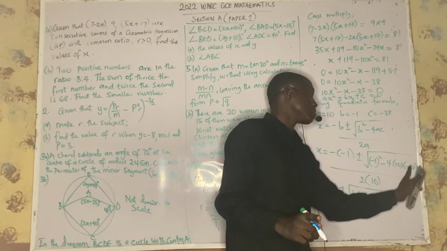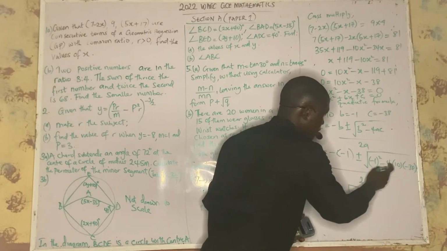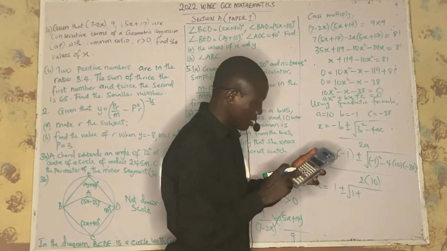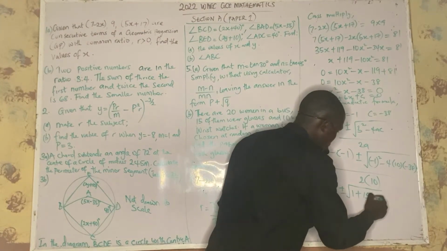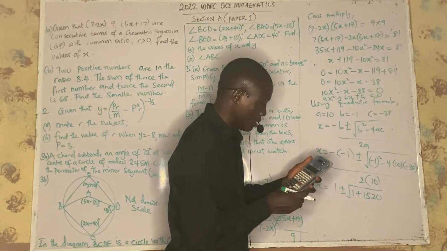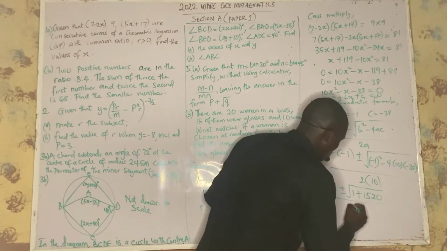Minus 40 times minus 38 is going to give you plus, because minus times minus is plus. So 40 times 38 is 1,520. So 1,520 plus 1 is definitely 1,521, all over 20.